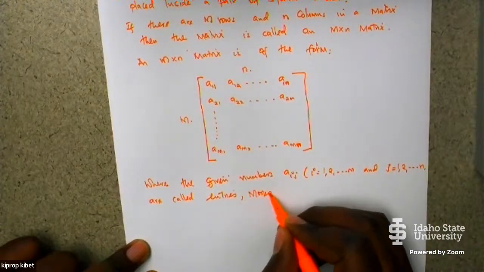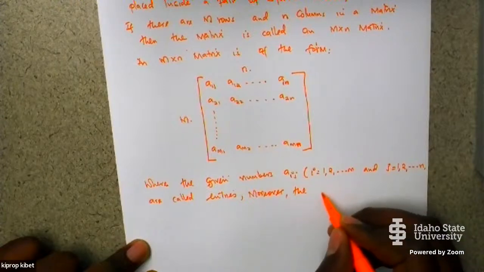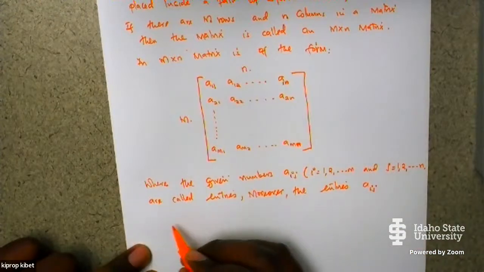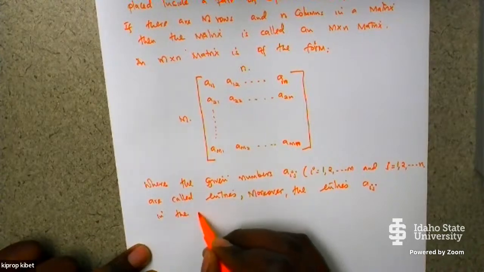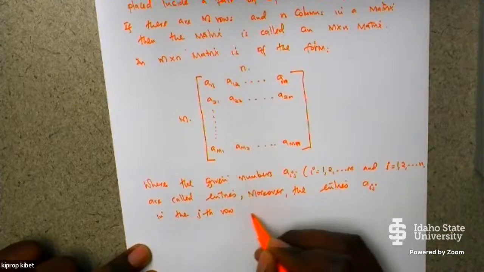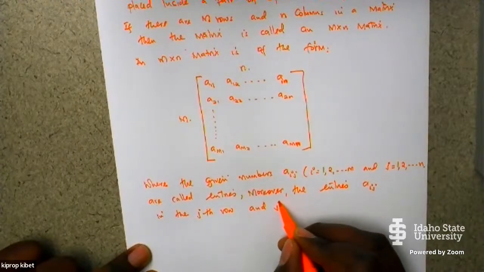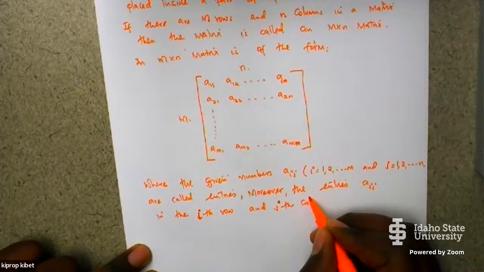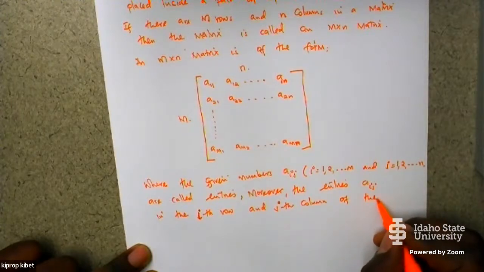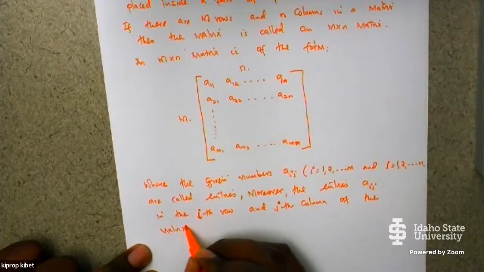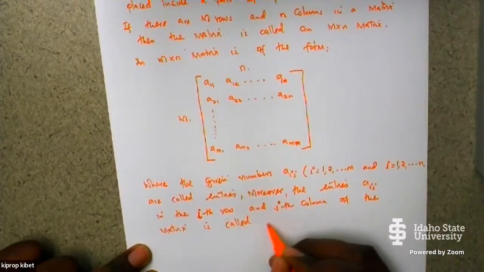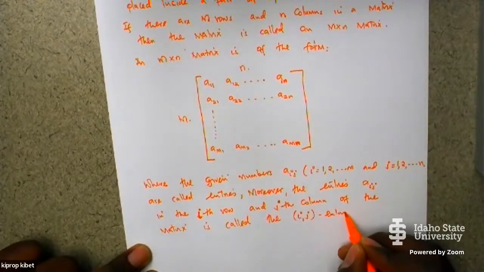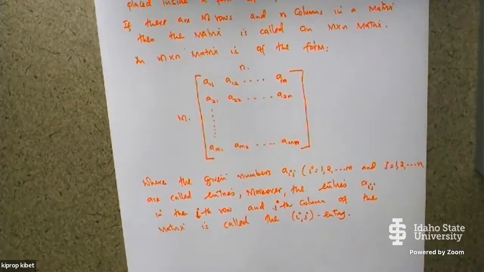Moreover, the entry aij in the ith row and jth column of the matrix is called the ij-th entry.